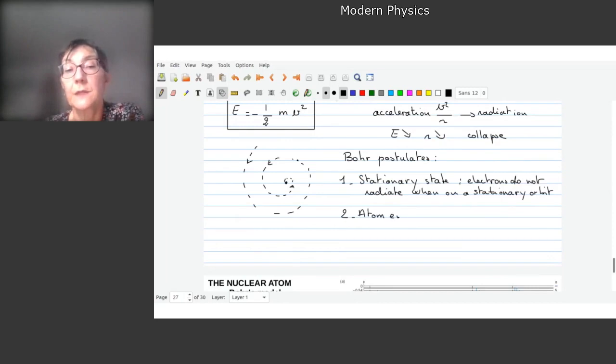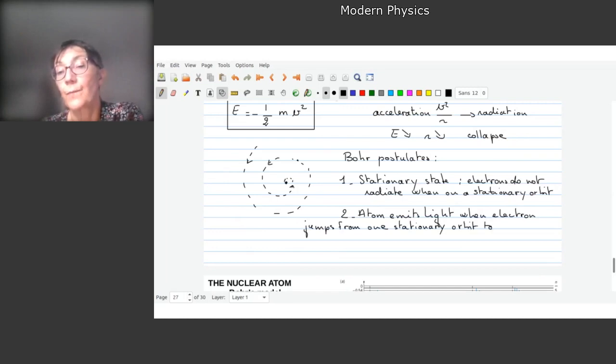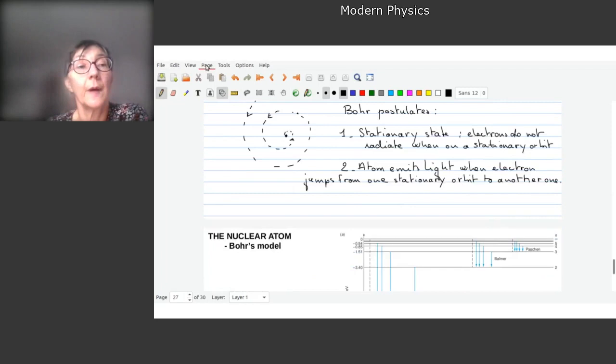An atom emits light when an electron jumps from one stationary orbit to another one.